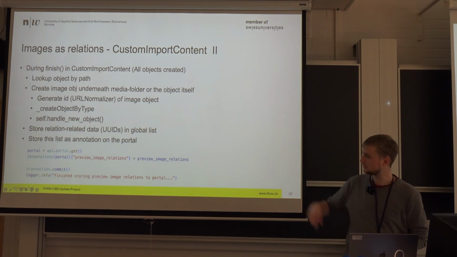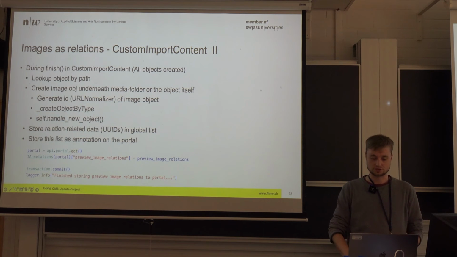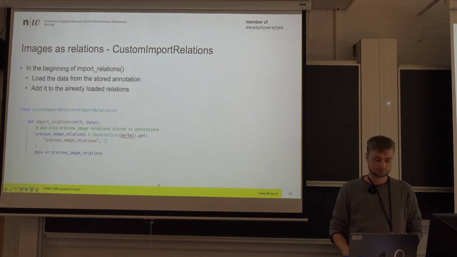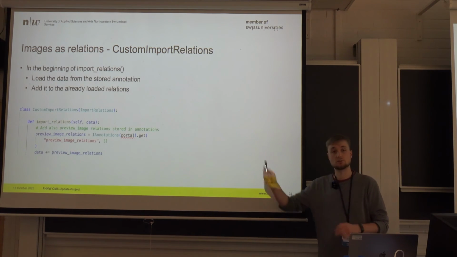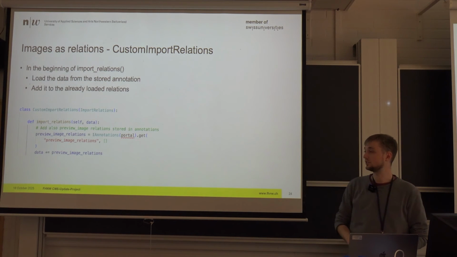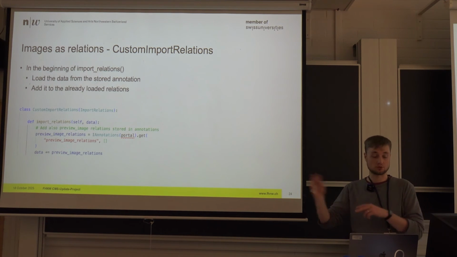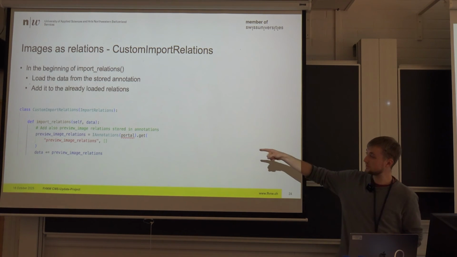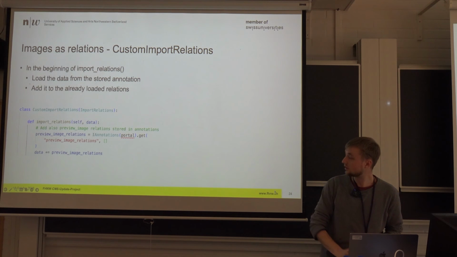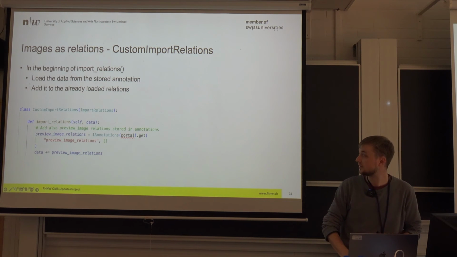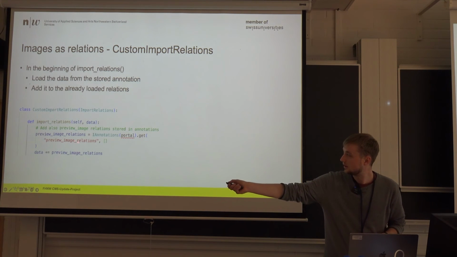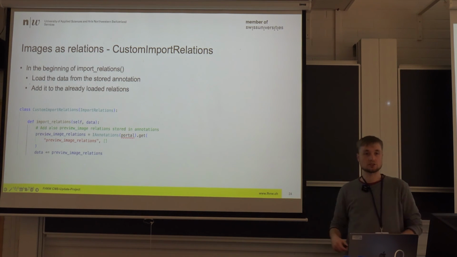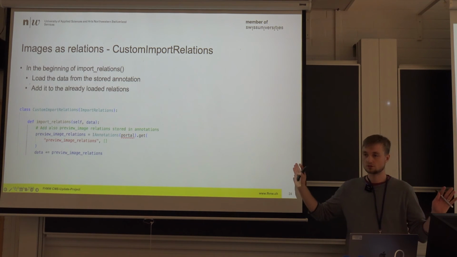And here you see the code for storing the data on the portal. And then we had the custom import relations. This is basically the import relations view of collective.exportimport, but we added this snippet here. At the beginning of it, we just loaded the preview image relations from the annotations we stored before and added them to the data. Finish.